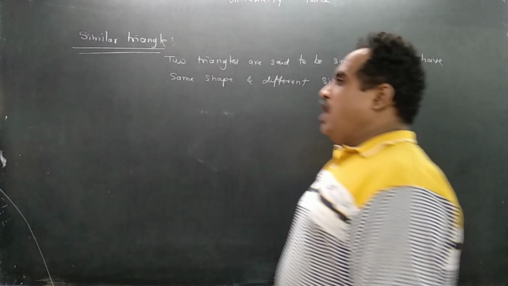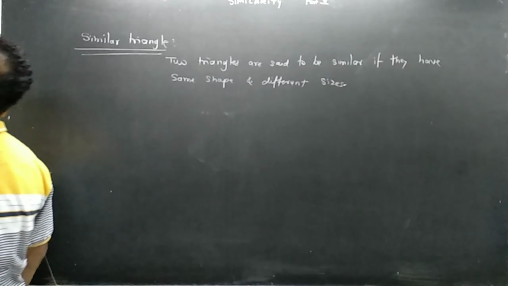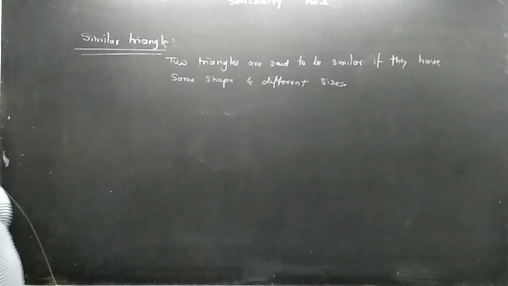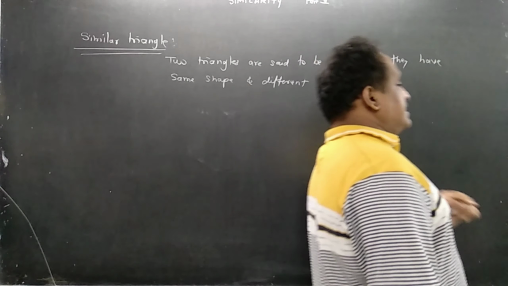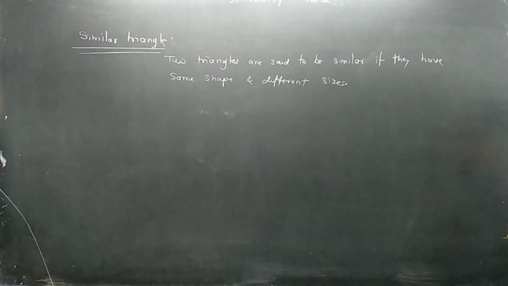So once again, the simple definition of similar triangles is two triangles are said to be similar if they have same shape and different sizes.